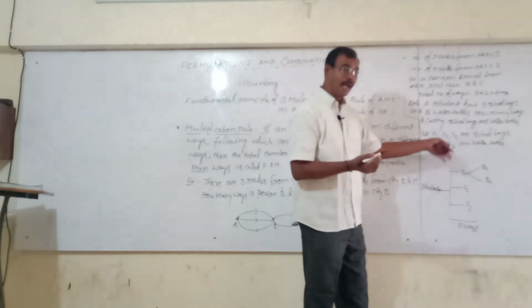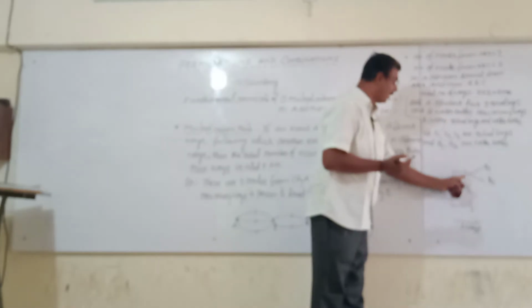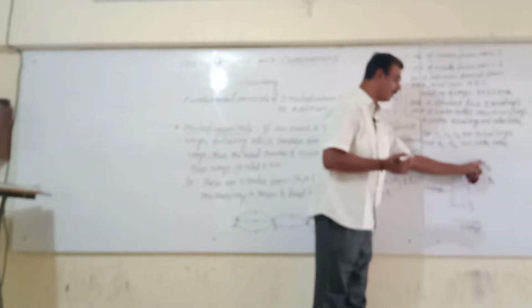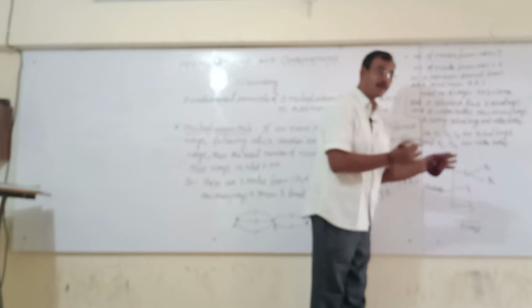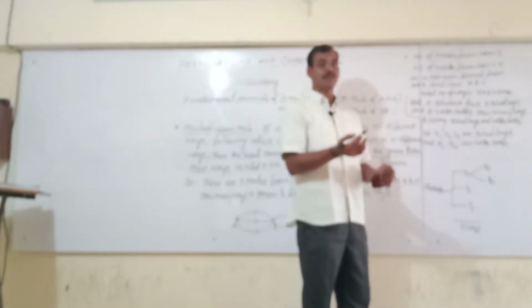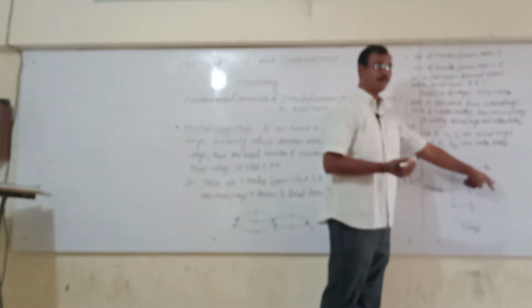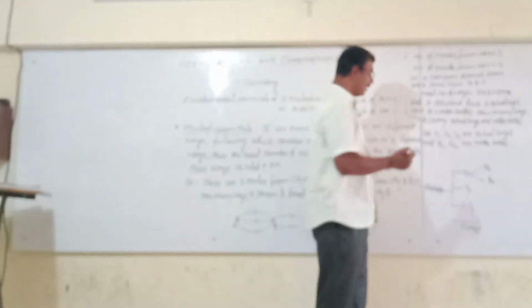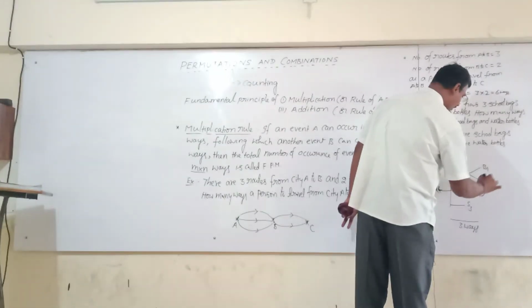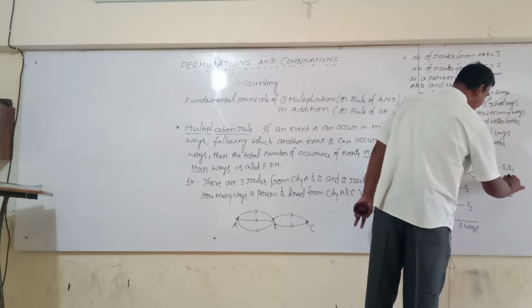So S1 B1, S1 B2. How many different possibilities do we have? We have to find out the possibilities. So this one selection is S1 B1, a different selection is S1 B2.